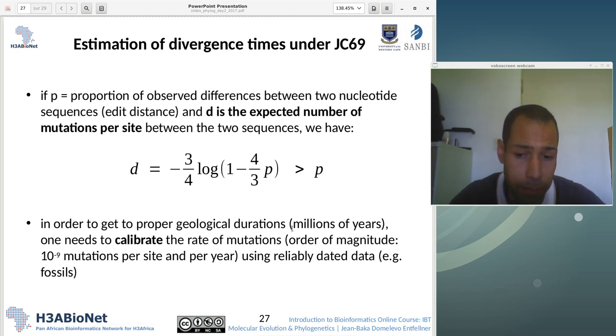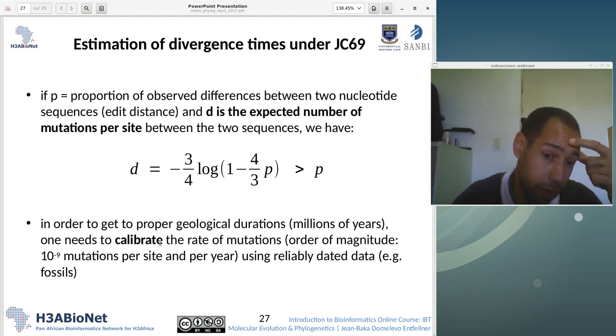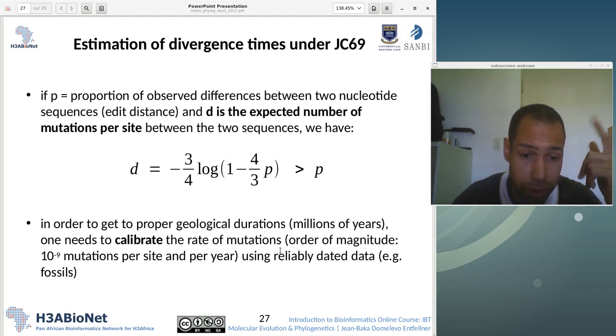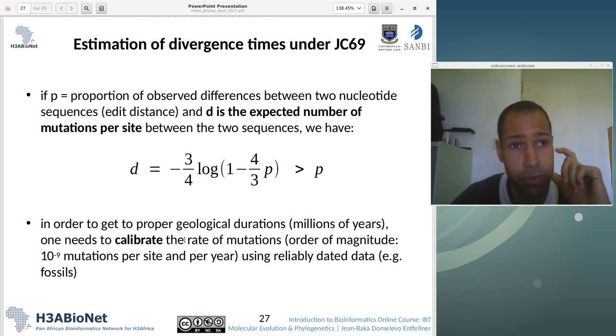In order to do that, we need to establish phylogenies with known fossils, fossils that we can date using other types of evidence, like geological evidence, in order to calibrate and say, whenever I have 0.3 mutations per site, this corresponds to a geological time of so many million years.